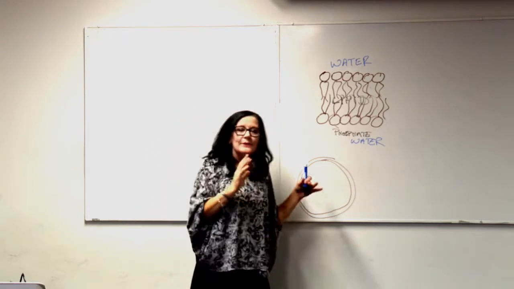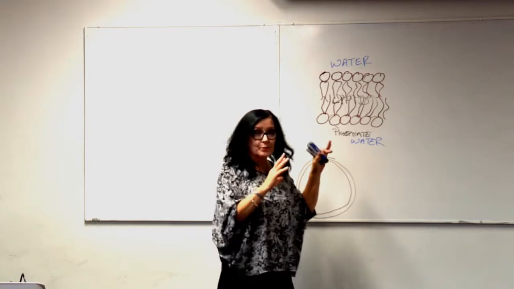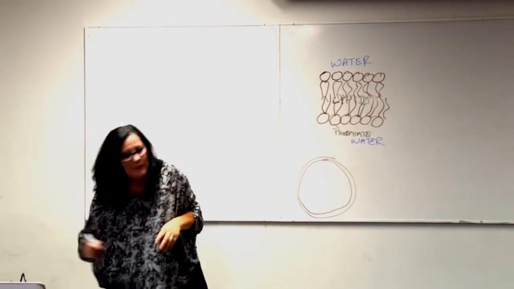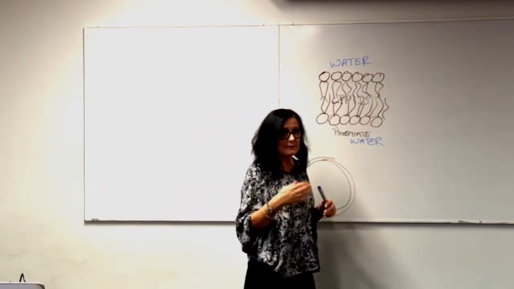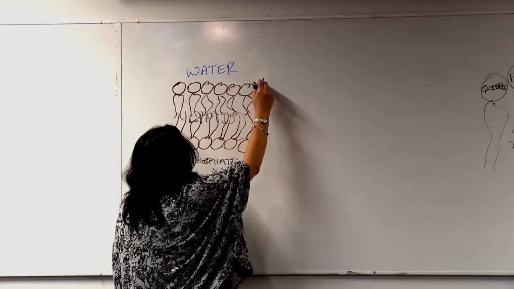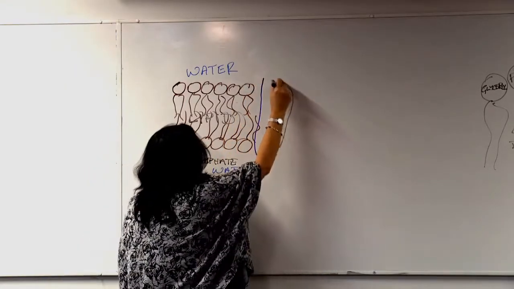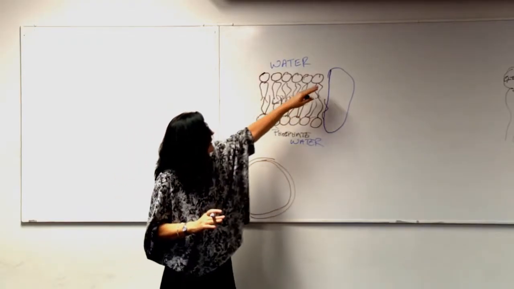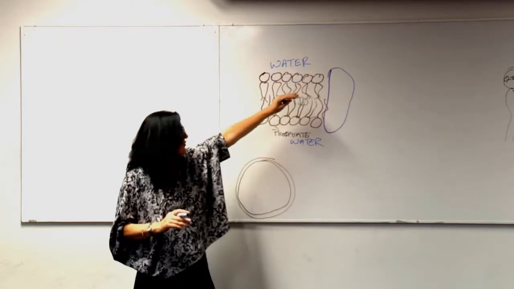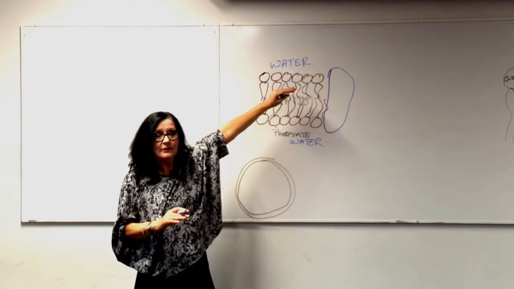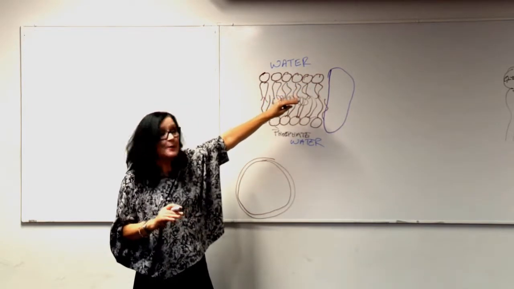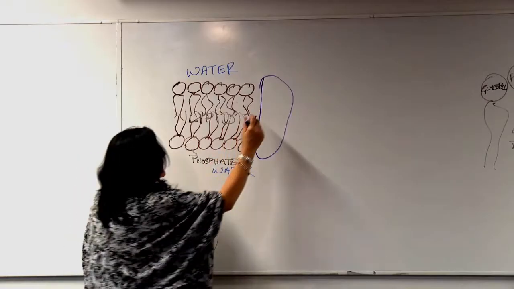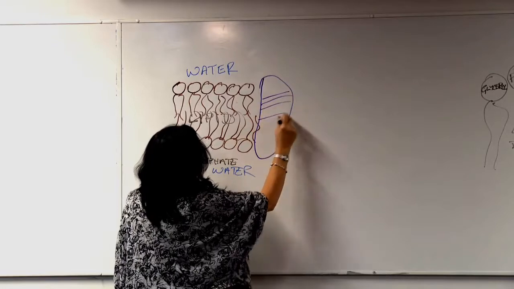Okay, now in terms of the proteins that we have in the membrane, if we have a transmembrane protein, of course, it has to be hydrophilic on the outside and lipophilic or hydrophobic in the middle. So it has 2 sections.